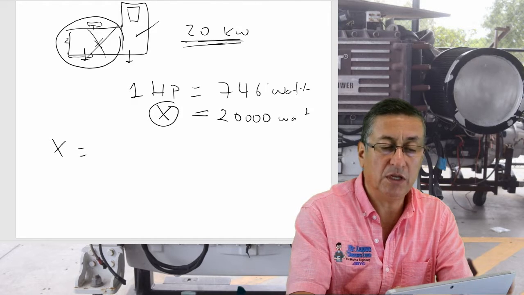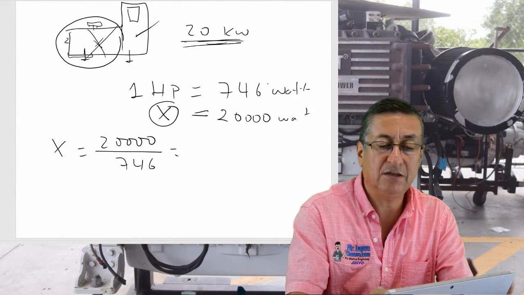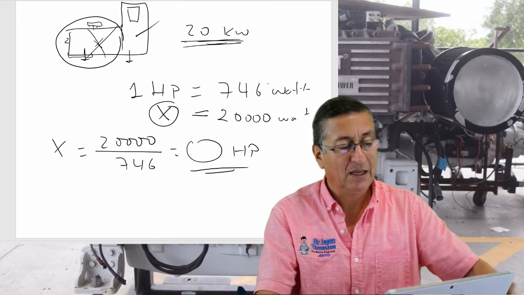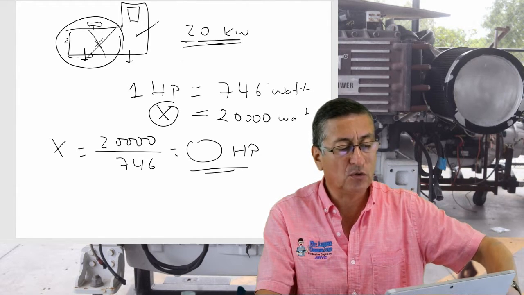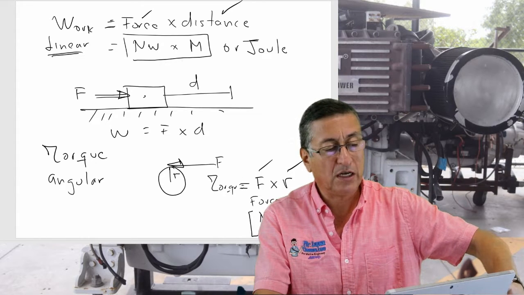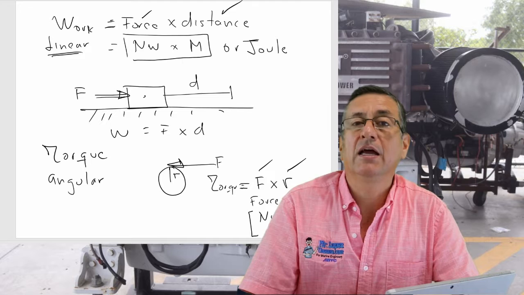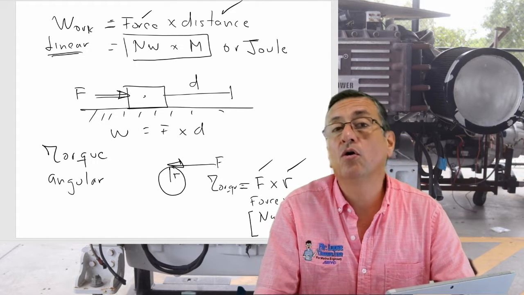Okay, it is 20,000 divided by 746, and this is the amount of horsepower that you need to replace the engine. Alright, we are going to use this formula in different ways in order to calculate power, electrical power, and convert the electrical power into mechanical power, or vice versa.